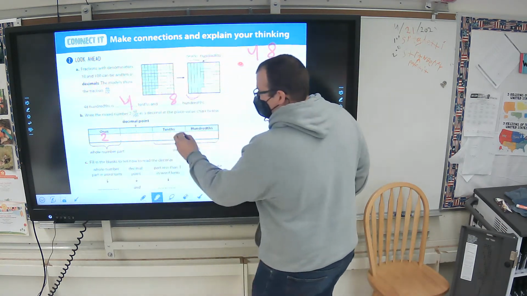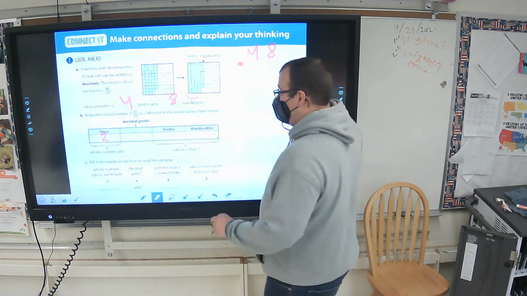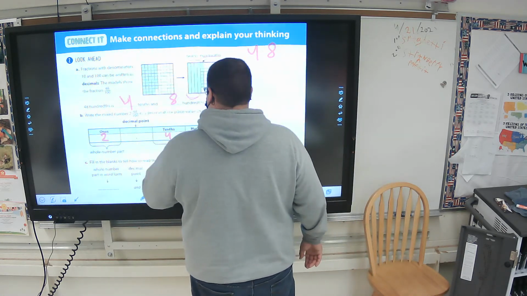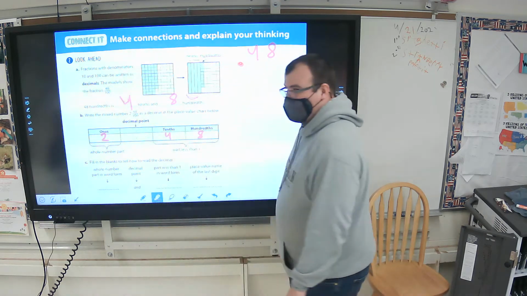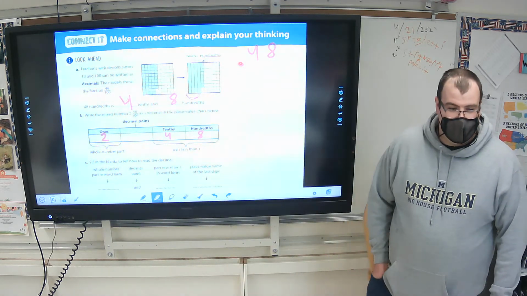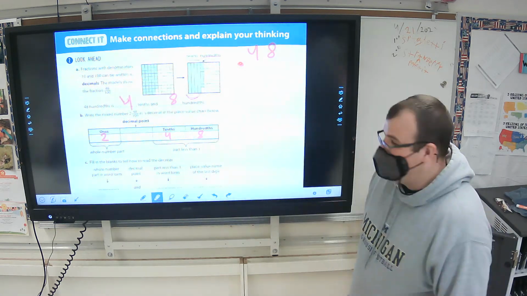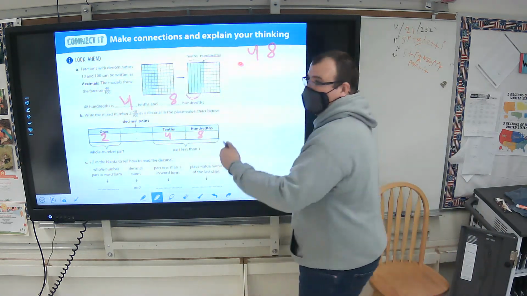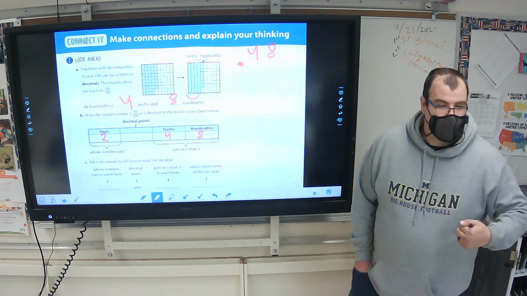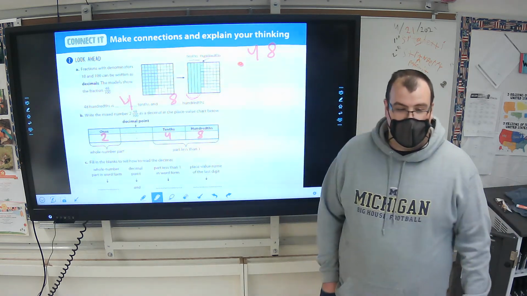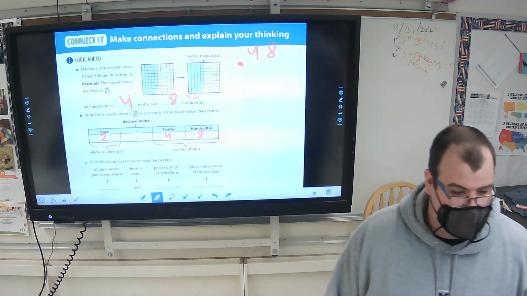What did we just say was in the tenths place? 4. What's in the hundredths? 8. See how we filled that out? See how decimals come together with fractions? If we were to draw it, we could pull 8 tenth bars out, and we'd have 8 hundredths cubes left, right?